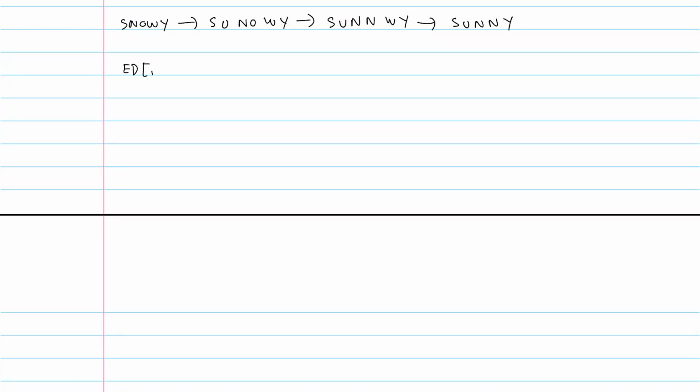Let ED(i, j) be the edit distance between the prefix A1 up to Ai and the prefix B1 up to Bj. Alright, so let's look for the recursive structure.